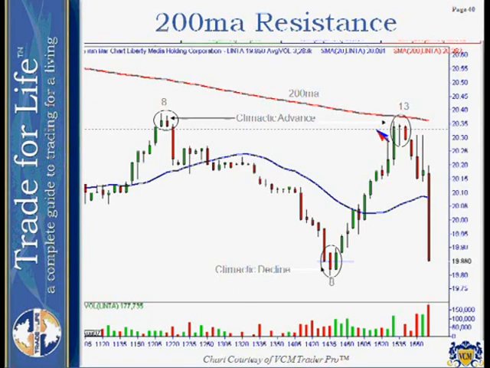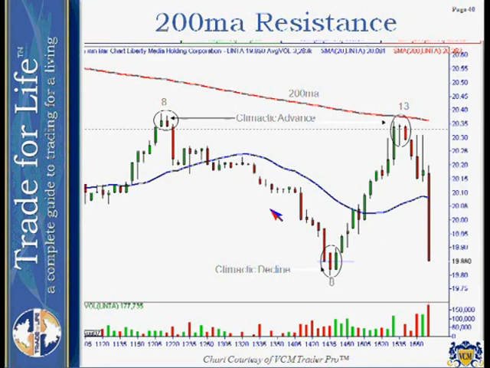And the moves off of the 200 tend to be very, very powerful. All right? You can keep walking it down, Tim, if you like. Yes, also prior resistance. That's absolutely right.